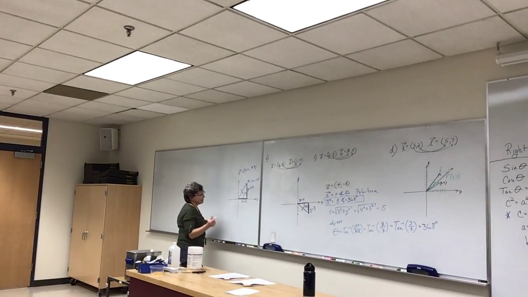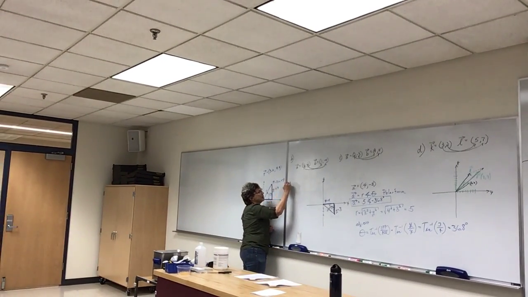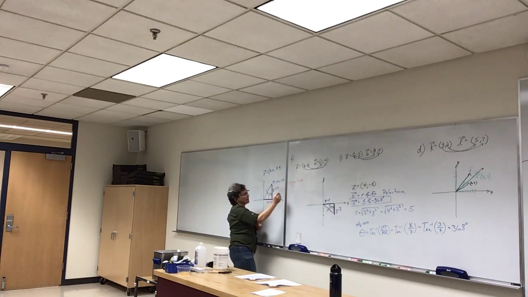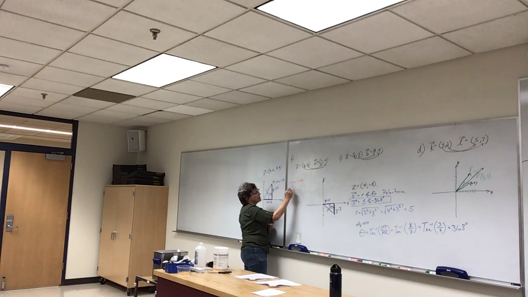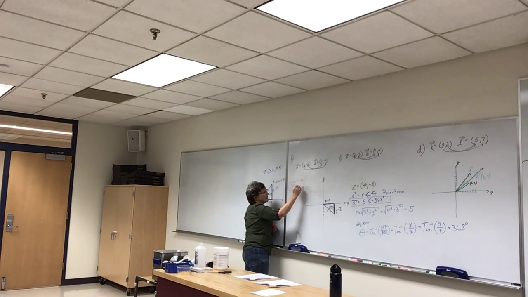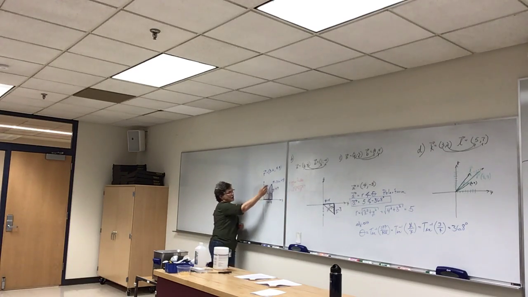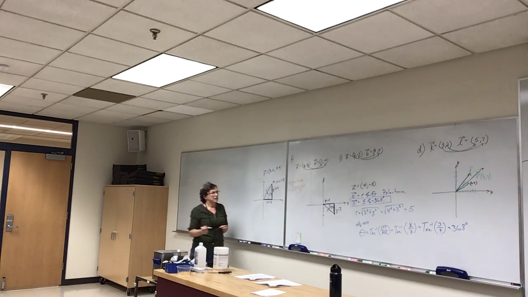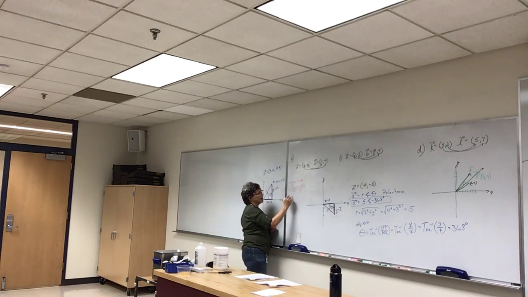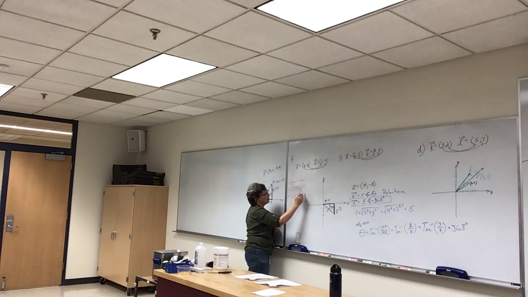Let's find the magnitude. Remember, we did it over here. R equals the square root of x squared plus y squared. We already found that because it's just a right triangle. So R equals, what is that? 3.6 squared plus 4.9 squared.